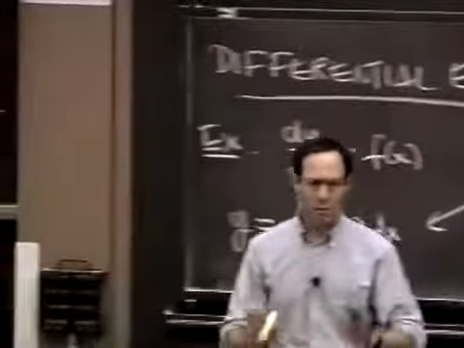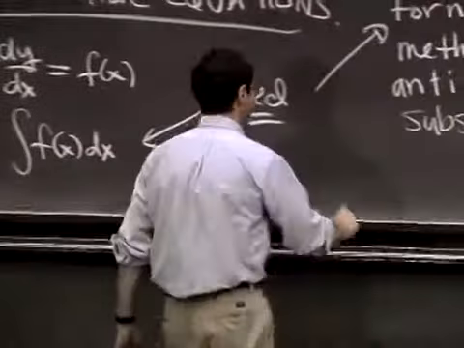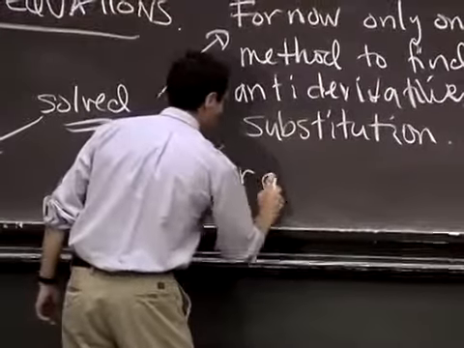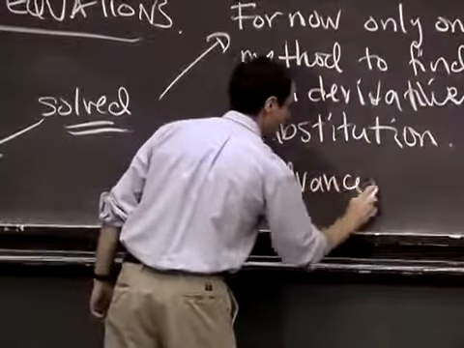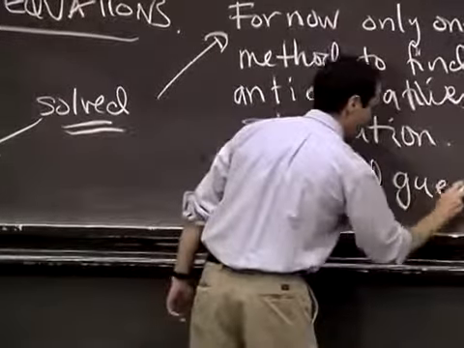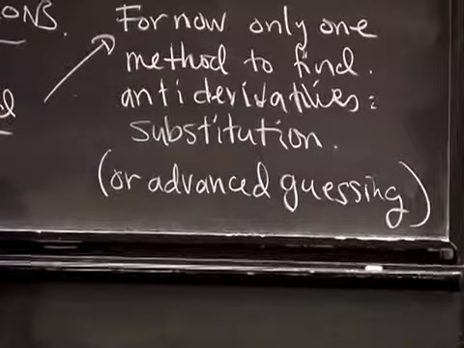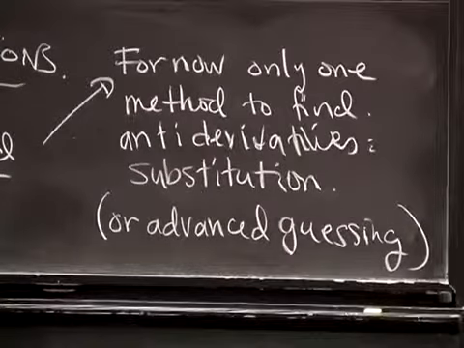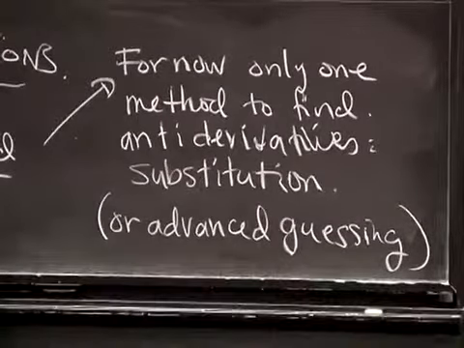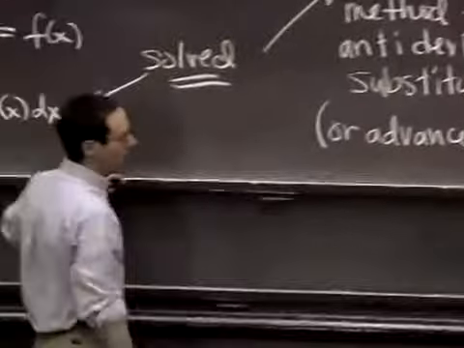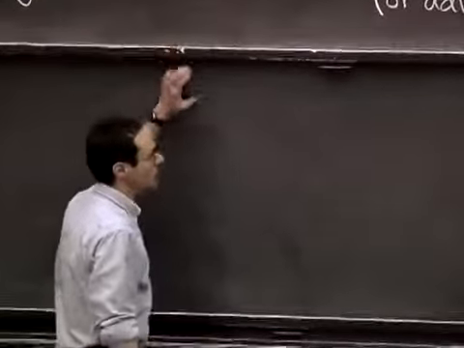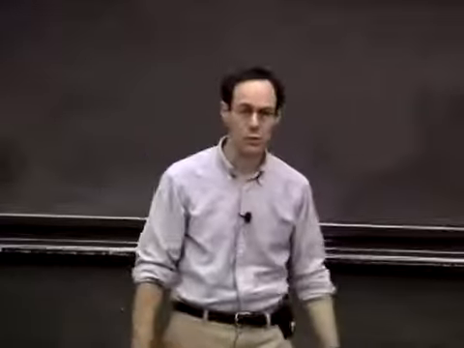It has a very small variant, which we called advanced guessing. And that works just as well. And that's basically all that you'll ever need to do. As a practical matter, these are the ones you'll face for now: ones where you can actually see what the answer is, or you'll have to make a substitution.